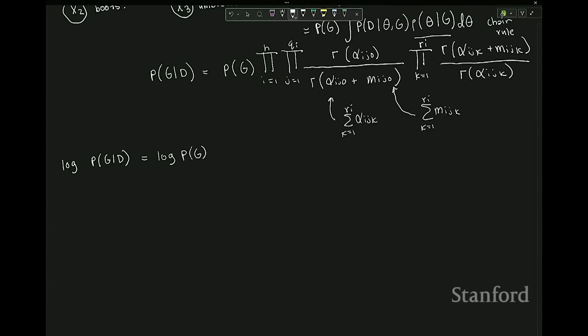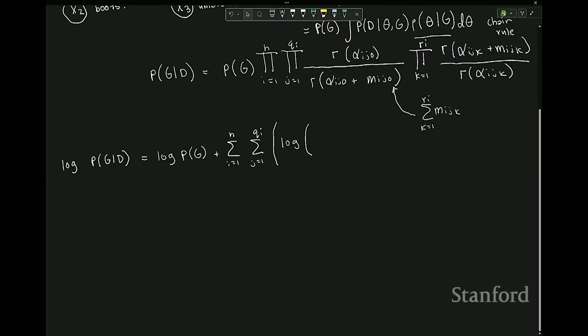So we have the log probability of our graph, and then this big summation over the logs of those ratios of gamma functions that we had previously. So gamma alpha ij0 all over gamma of alpha ij0 plus m ij0.